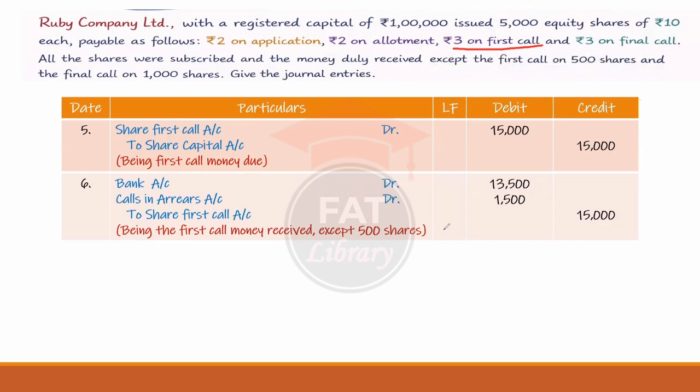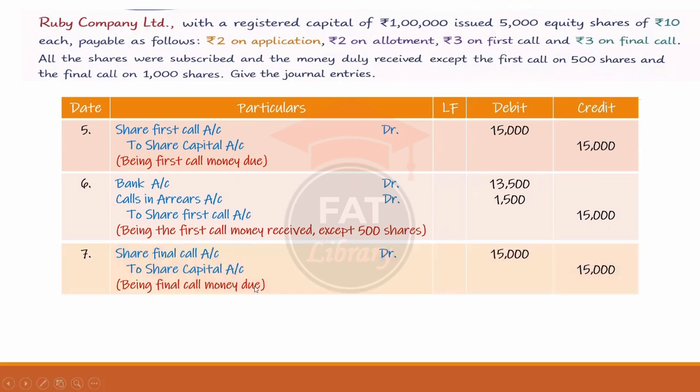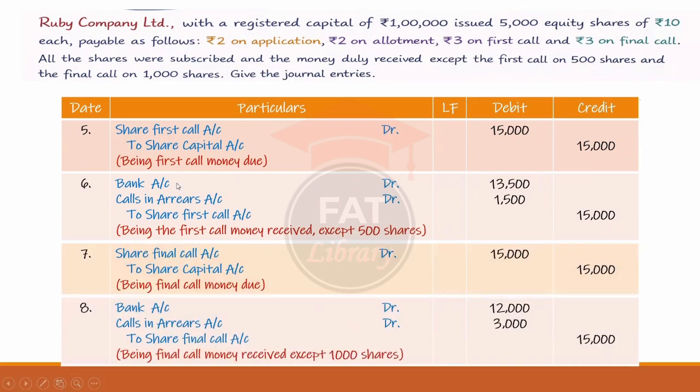Okay, so the same calculation is there for the final call also. You can see here. What will be the journal entry again? When we take the share final call account debtor to share capital account, correct?